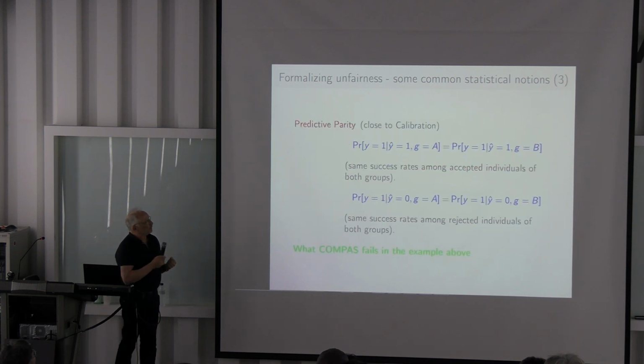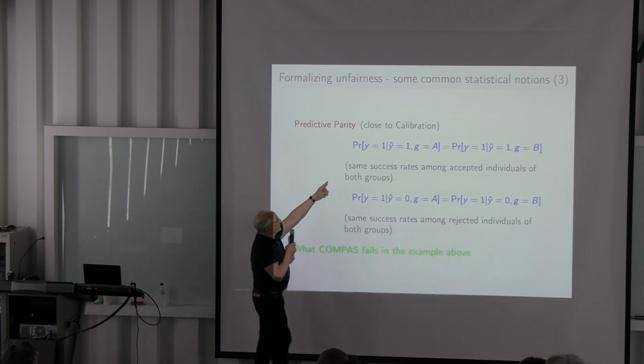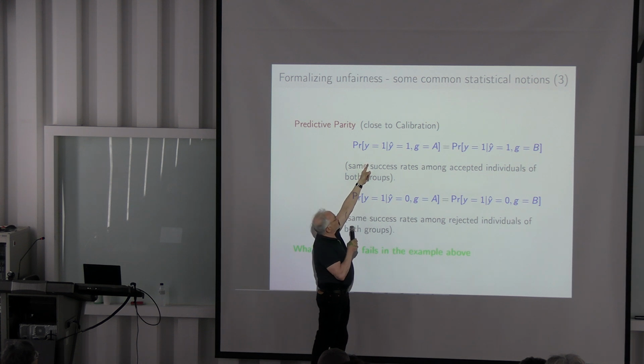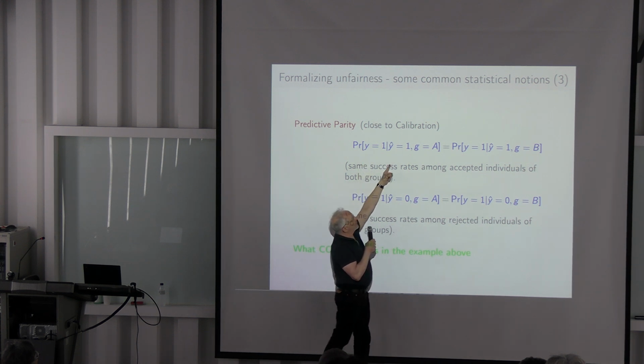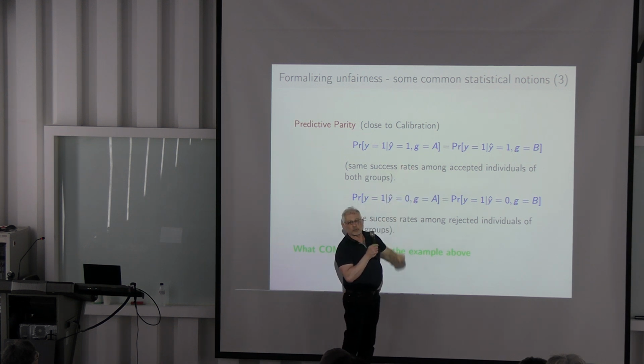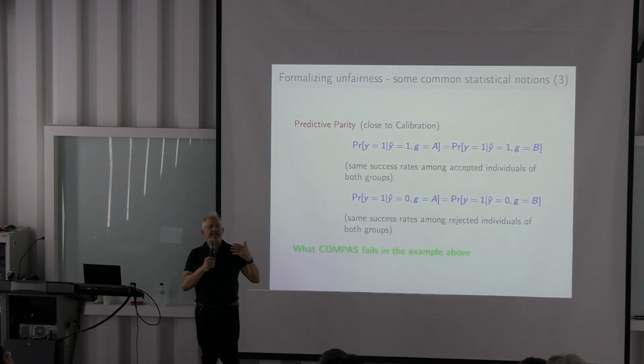Another option is predictive parity. So what am I asking now? I'm asking that the probability of successful candidates among those that I accepted will be the same in group A and in group B. So you see, before I asked that among all the deserving, I accepted the same rate.